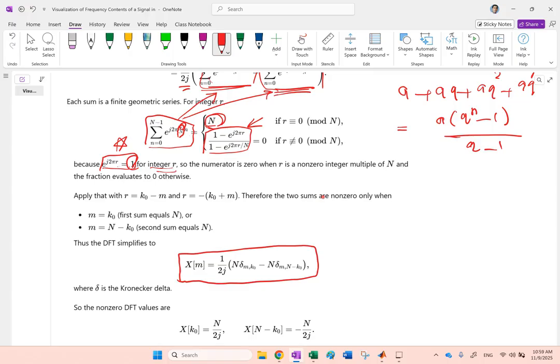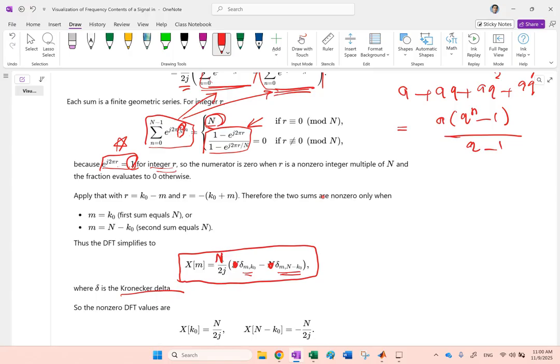X of m is equal to n over 2j, you can bring this n out if you want, n over 2j of a delta function minus another delta function. And this delta function is the canonical delta, so the value of it is 1 at that location, and elsewhere it's 0, and the same thing for this.